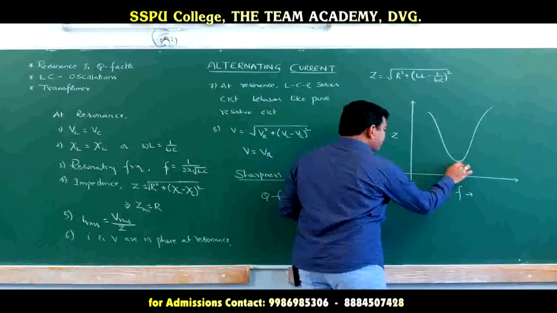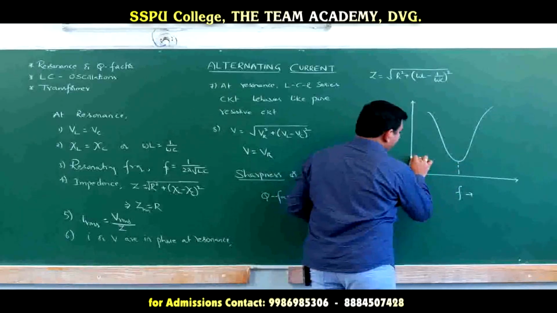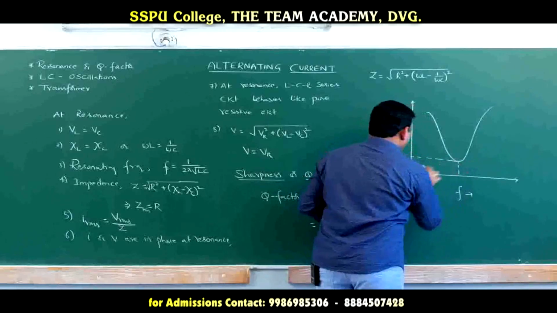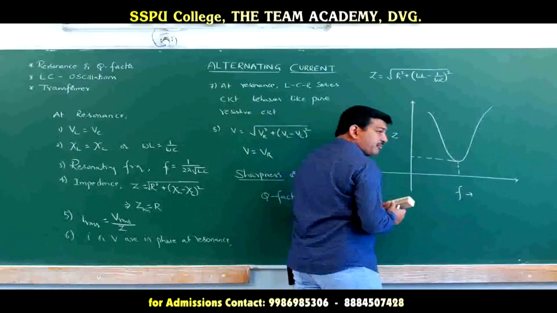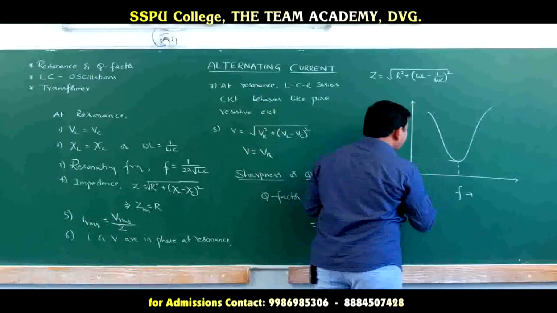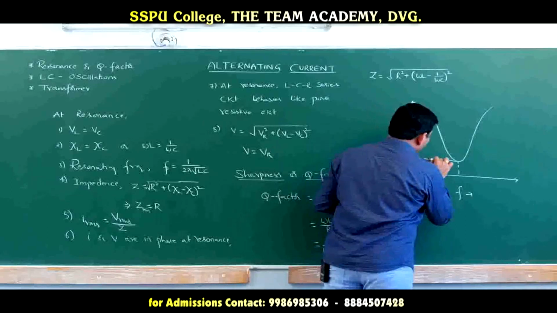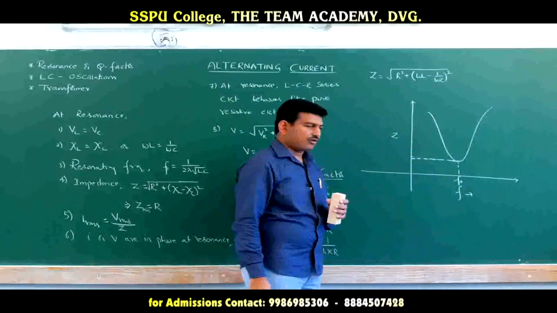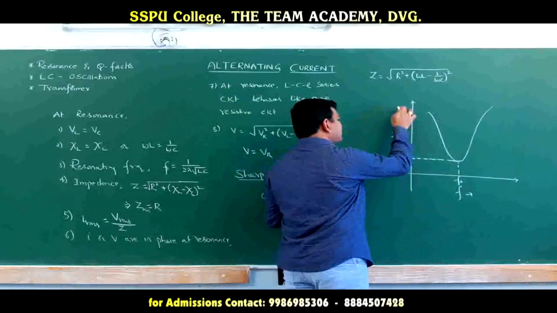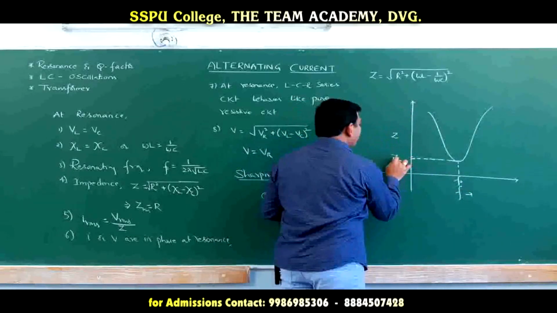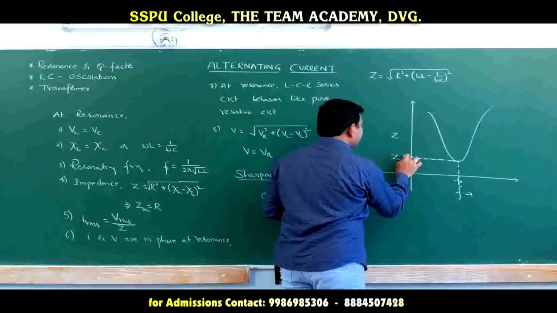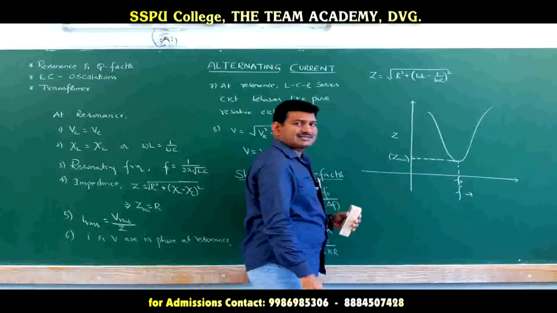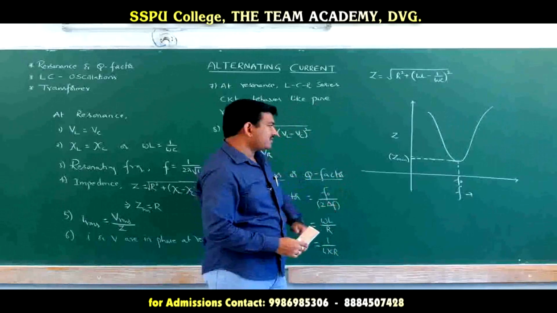The impedance is becoming minimum, not zero, but minimum at a particular frequency. And the particular frequency for which the impedance is minimum is said to be the resonating frequency. This is represented with f0. And this is the minimum value of impedance.